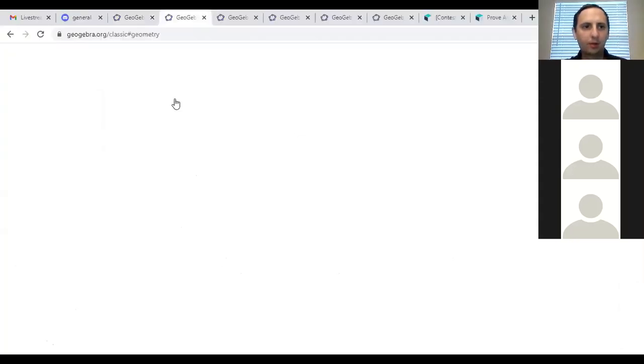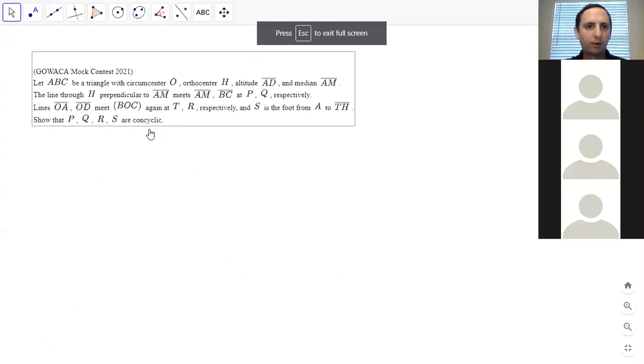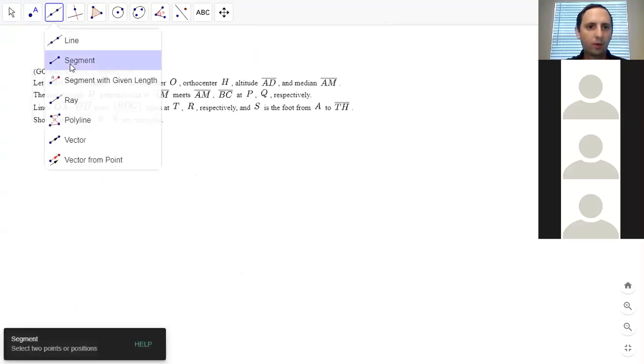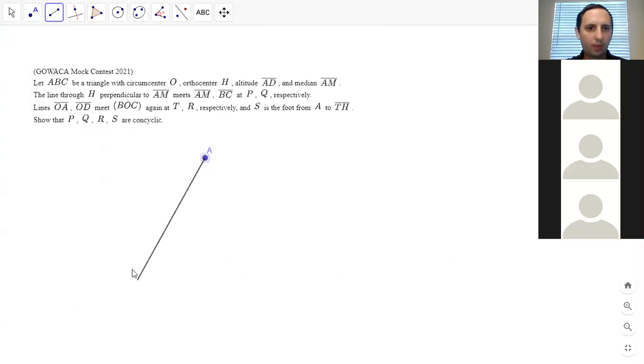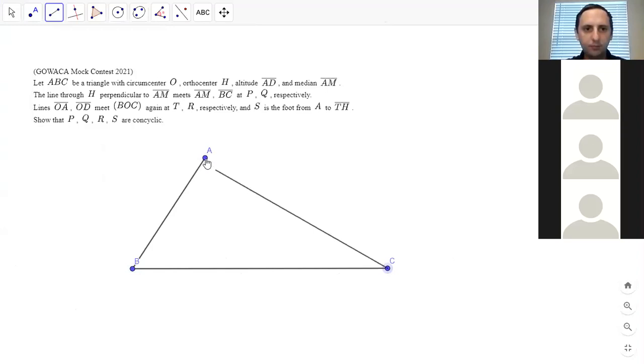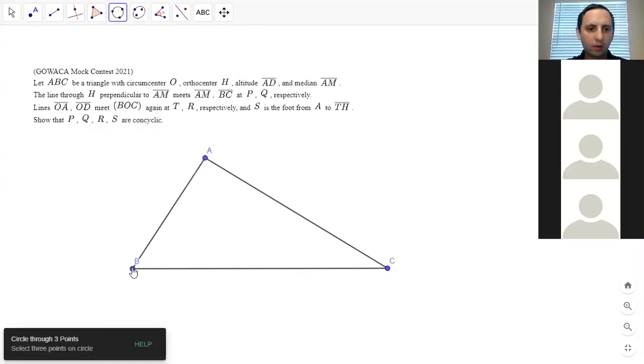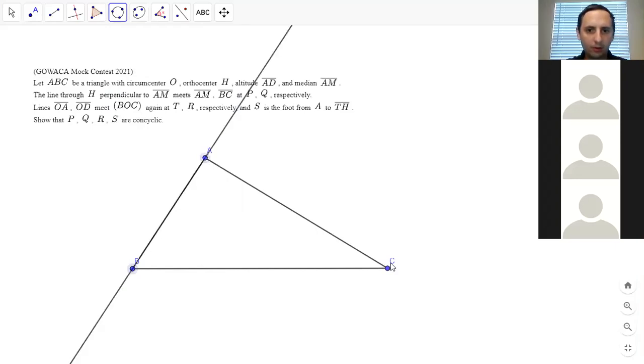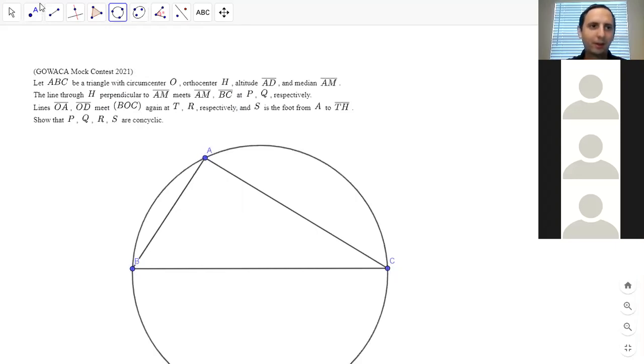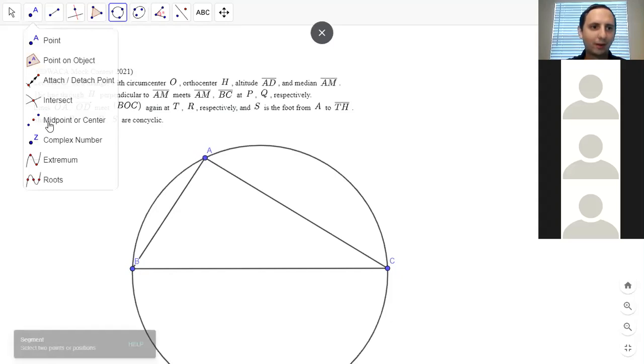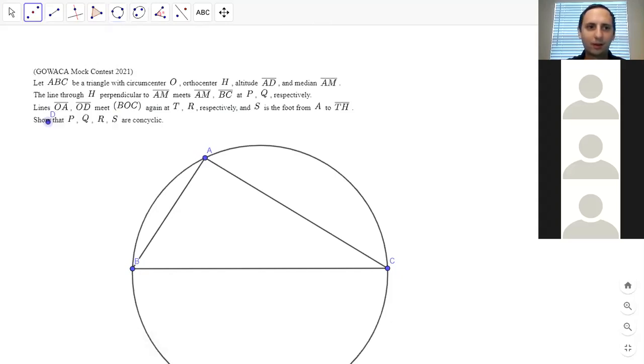All right. So we have a triangle with circumcenter O, orthocenter H, altitude AD, and median AM. I just learned recently that you can use the midpoint tool to take the center, but for the orthocenter, you have to use the algebra tool.